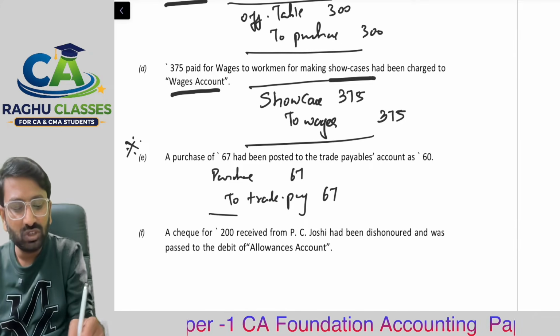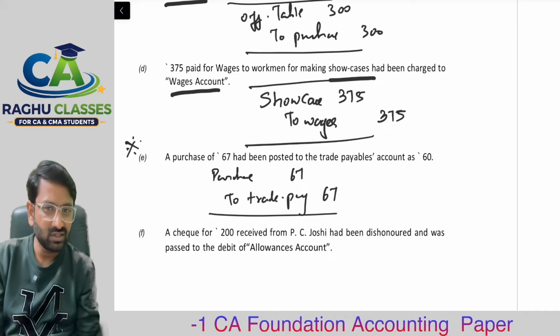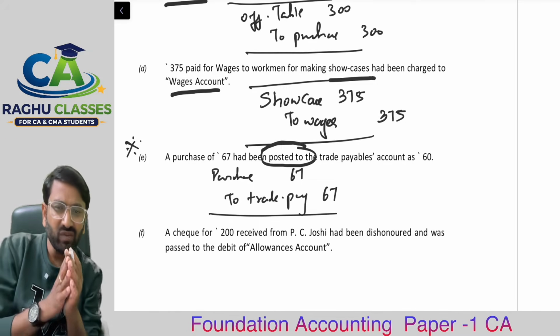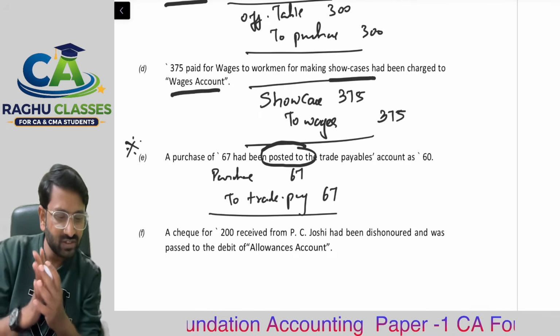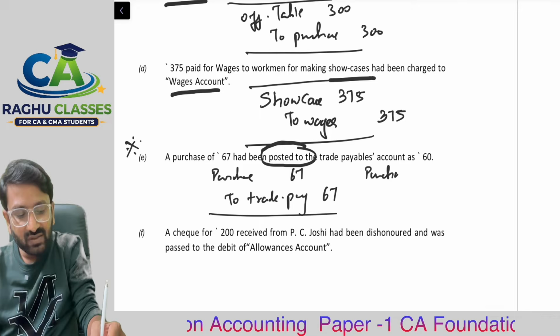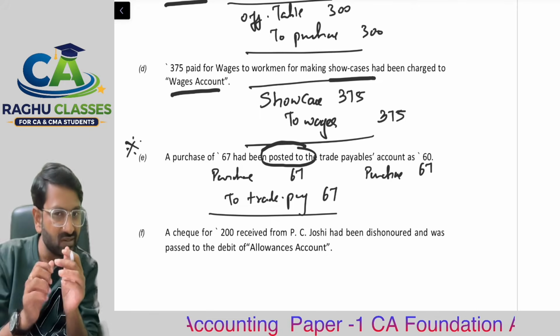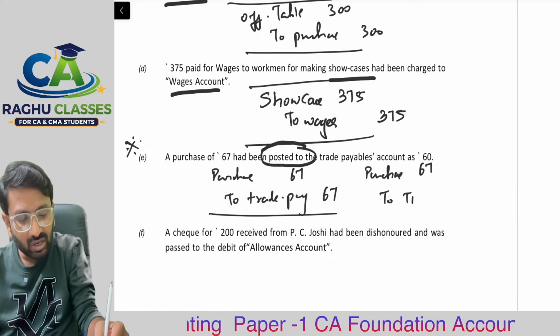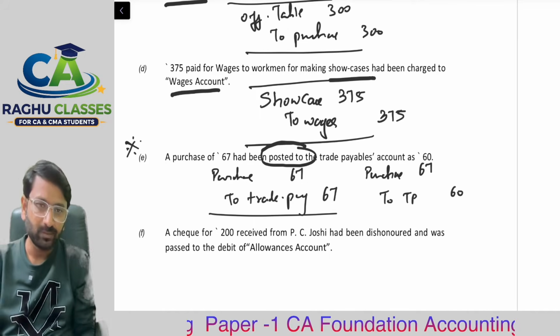It has been posted to the trade payable account as 60. So the mistake is happening at the time of posting. So can we say recording is done correctly in the purchase book? Recording is done correctly. But while posting to the trade payables account, it is posted as 60.